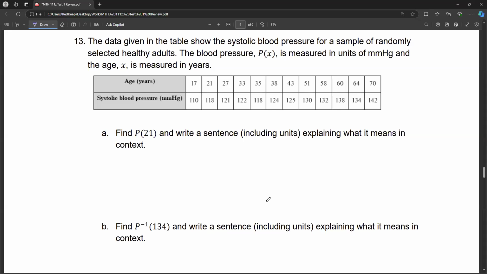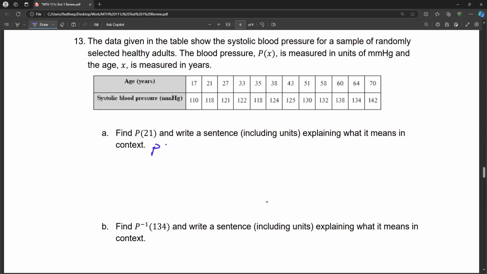So in part A, they're asking us to find what P of 21 is. Okay. And so what we're maybe being tasked to do here initially is just to look at when X is 21. What's the output, right?